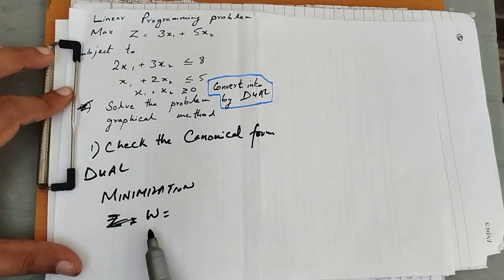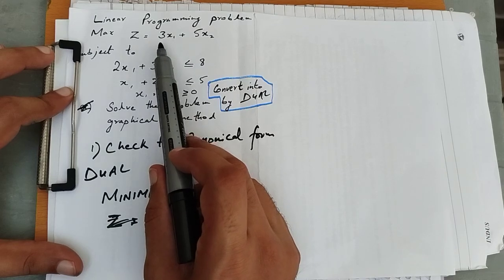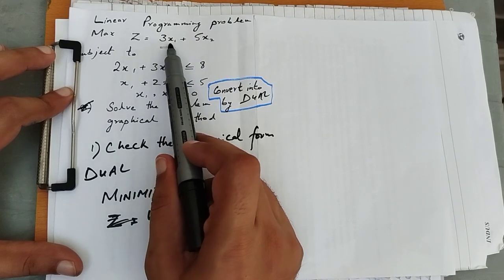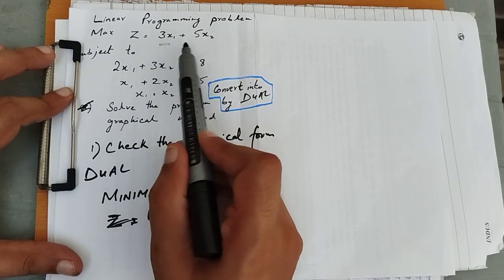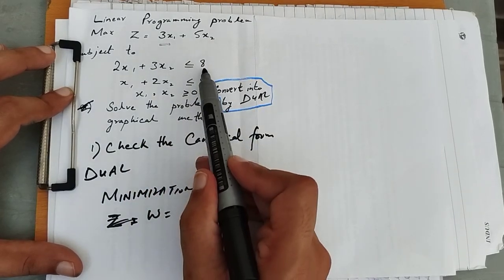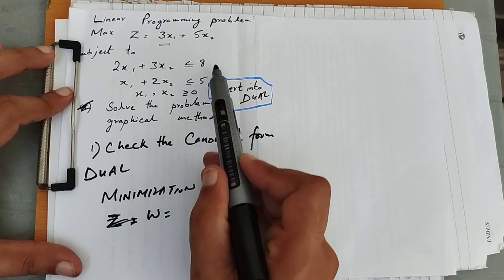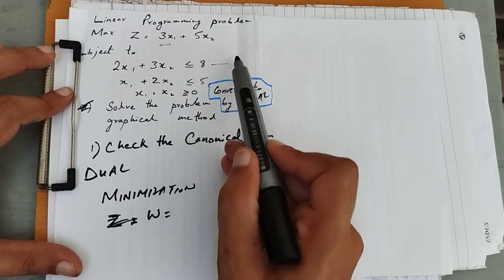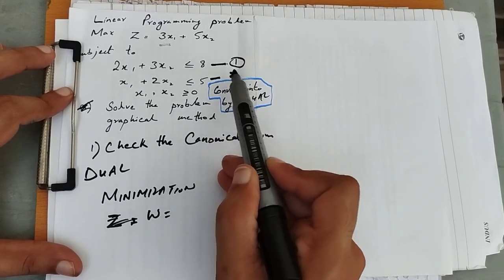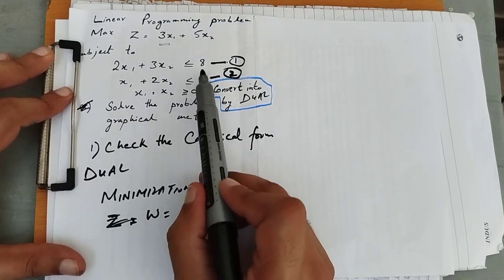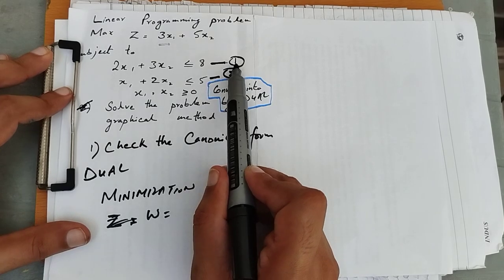You see, instead of 3, the coefficient of the objective function, we will be using 8, the right hand side of the first constraint.